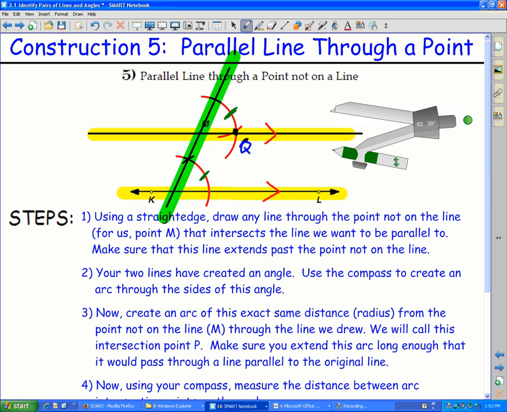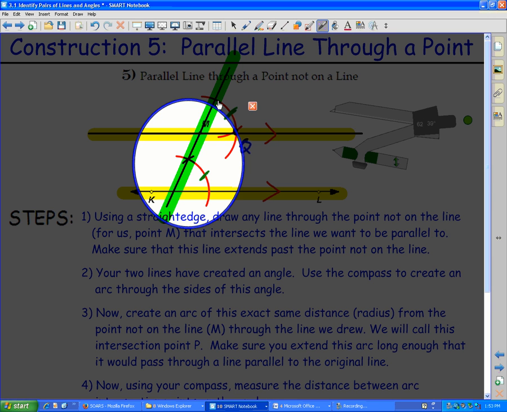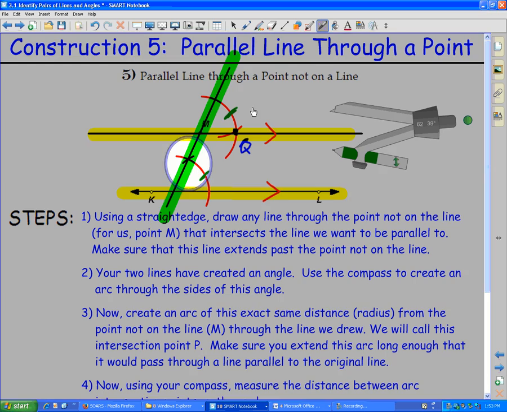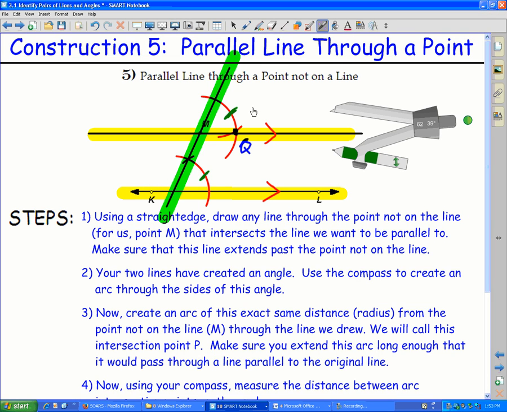And then the converse of that postulate tells us that if a transversal crosses 2 lines, creating corresponding angles that are congruent, then those 2 lines would have to be parallel. And so because I created these 2 corresponding angles that are indeed congruent to each other, that means that the lines themselves would have to be parallel.